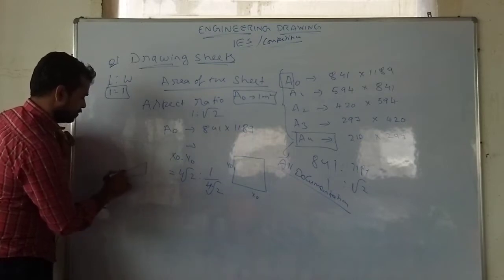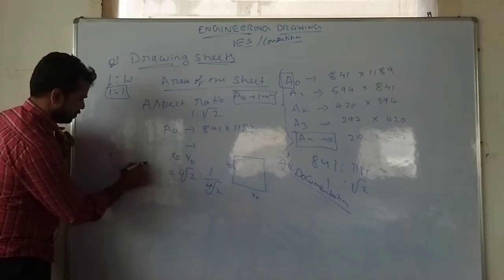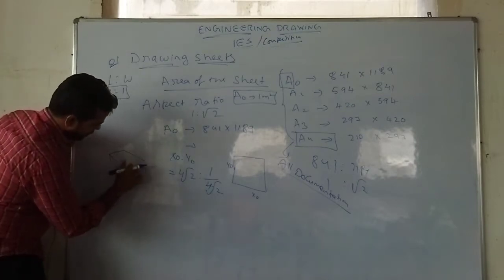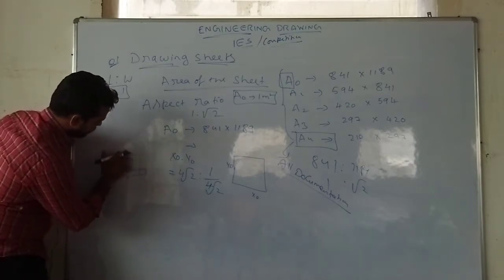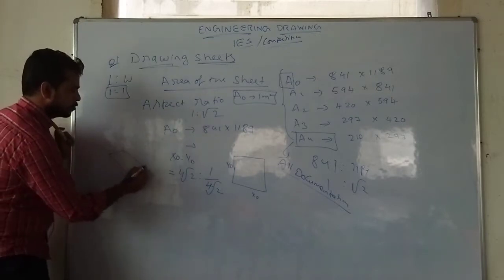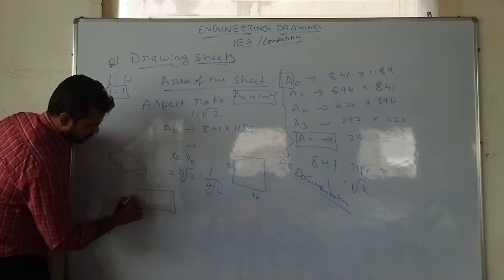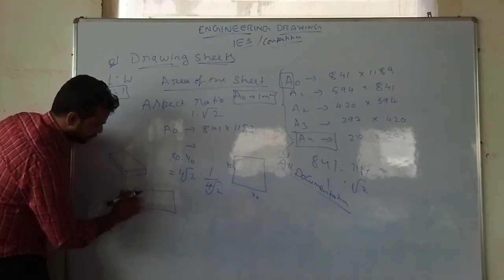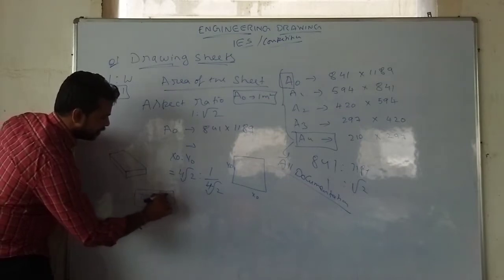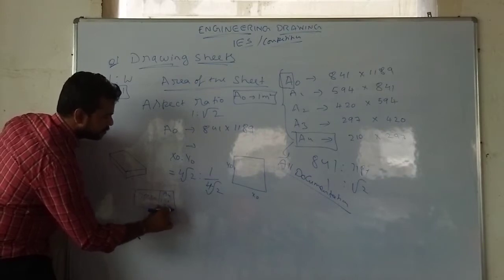On this bundle, at this position, they will indicate 75 GSM, A4, 210 by 297 mm.